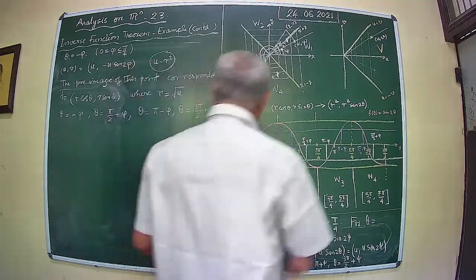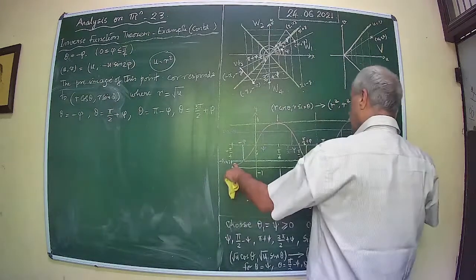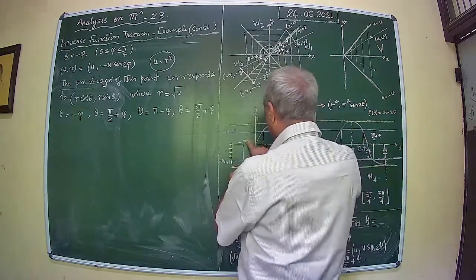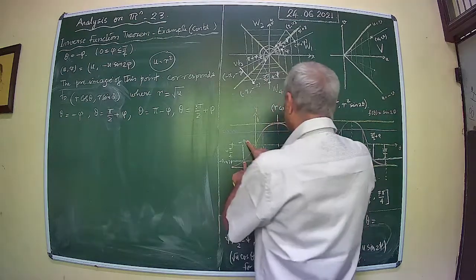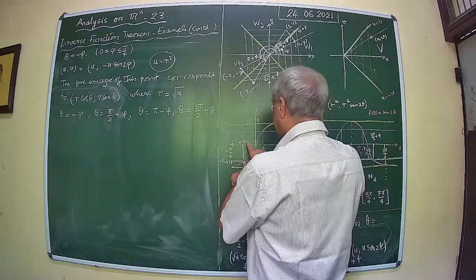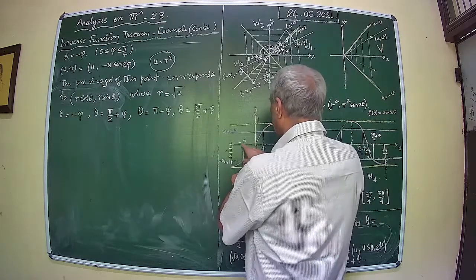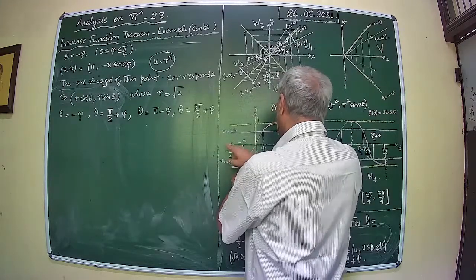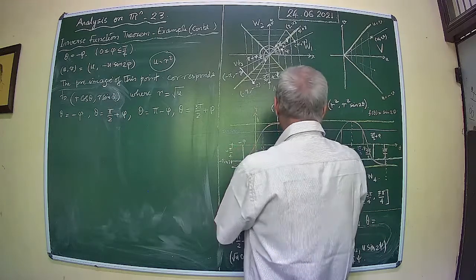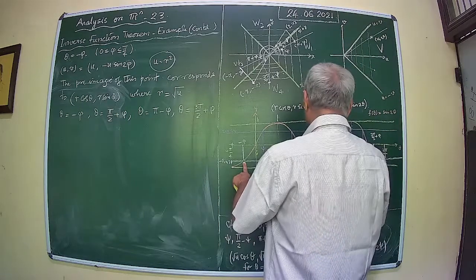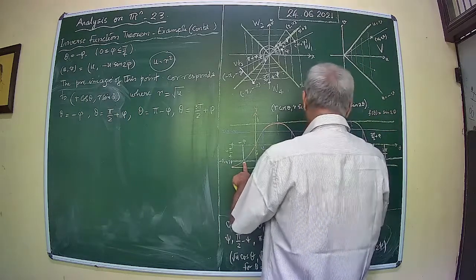It comes like this. You fix this one. Once you fix this thing, you search for the corresponding value of phi. So you get minus phi here. Designate this point as minus phi. Therefore, phi is taken as positive and lying between 0 and pi by 4, so that minus phi lies between minus pi by 4 and 0. And for that, you write down everything. So this is going to be pi by 2 plus phi, where it takes the same value.